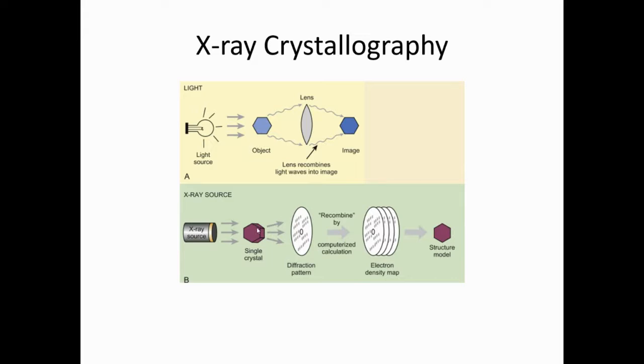The structure of the protein within a single crystal produces a pattern that the X-ray is diffracted into. From this pattern you collect the information, and then you can use a computer to calculate and determine the protein structure.